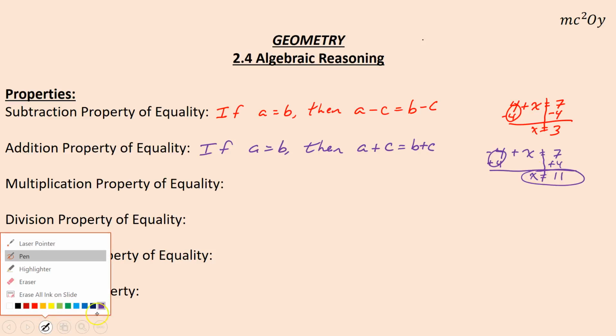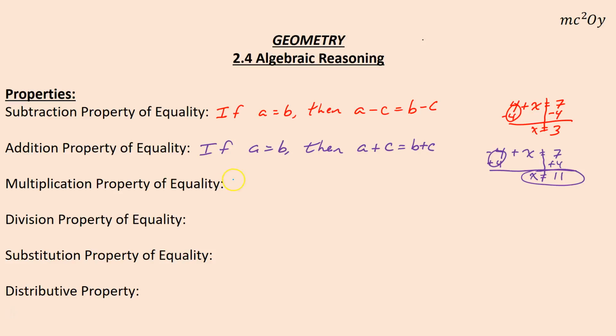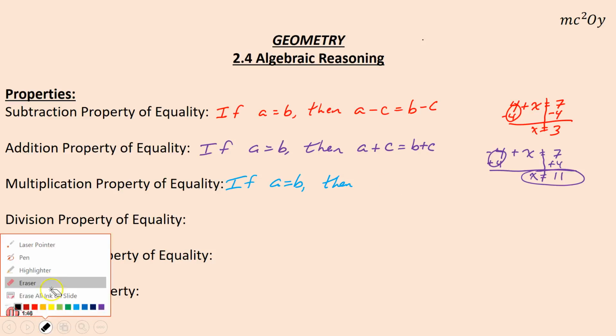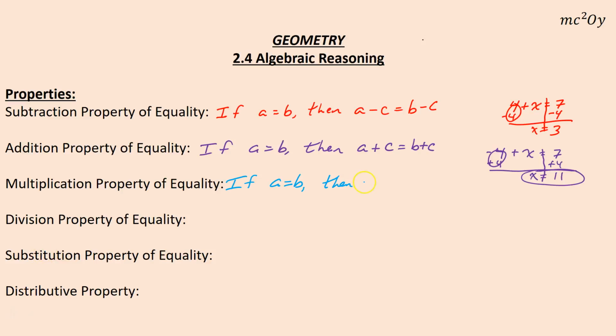The next one would be the multiplication property of equality. So if A equals B, then A times C equals B times C. And so let's say I am stuck with a 4 here.